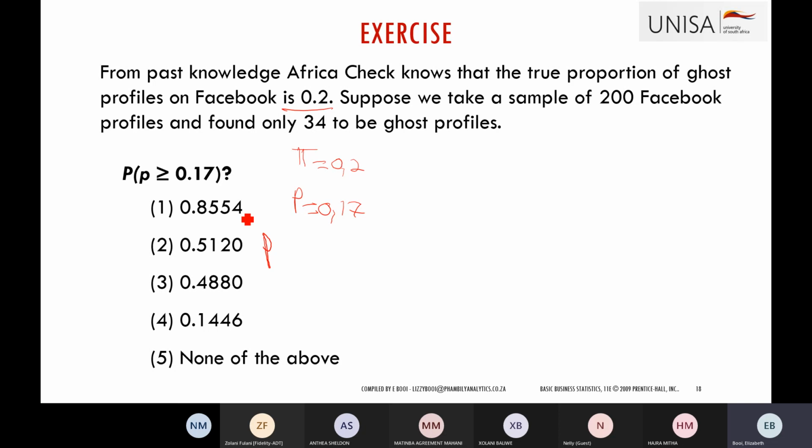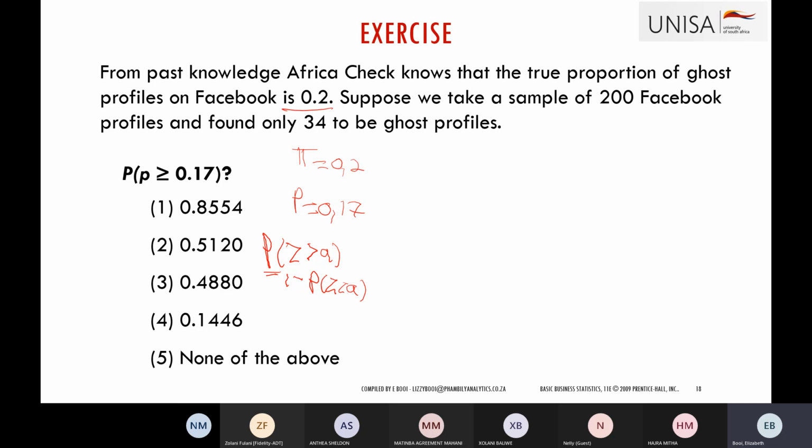So when we find the probability of Z, then we're going to say 1 minus the probability of the value we find on the table, because we are given the greater than.